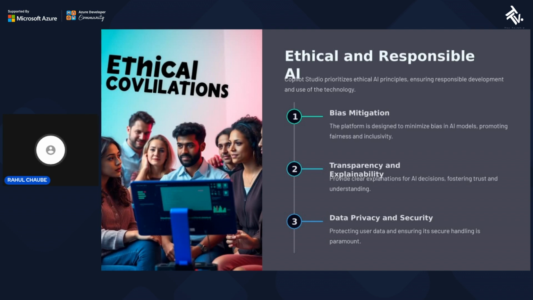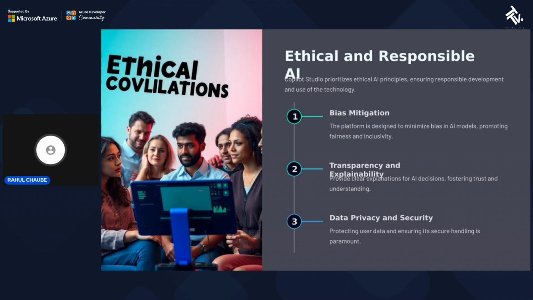So, ethics and responsible AI. With powerful AI, it is important to address the ethical side of things, and Copilot Studio takes this very seriously. It is built with bias mitigation features that ensure the AI-generated content is fair and inclusive.